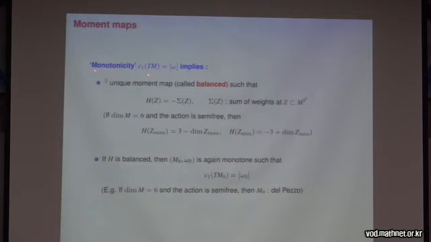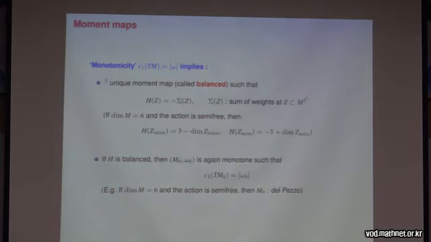If we assume that omega equals c1 of M, so here I take lambda to be 1, then we can adjust the moment map by adding a certain constant so that the following equality holds. Here H is the moment map, and the right-hand side, sigma of Z, is the sum of weights.